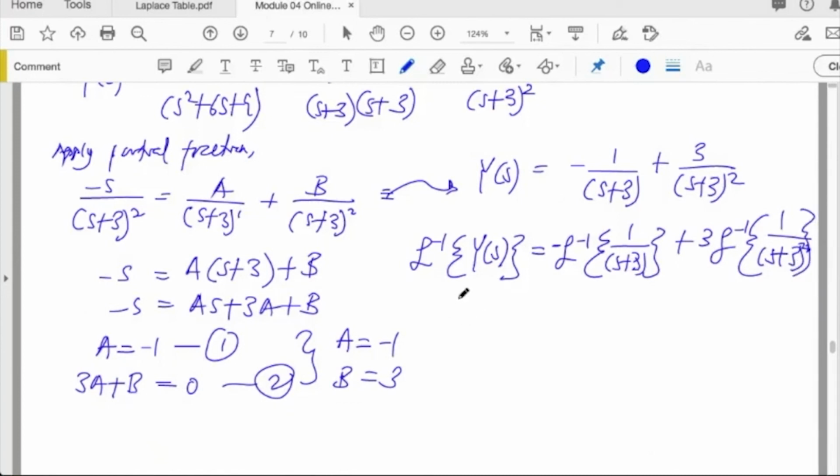That will give you y(t) equal to negative e to the power of negative 3t, plus 3t e to the power of negative 3t. You can refer to the inverse Laplace tables. The final solution is given by this one.